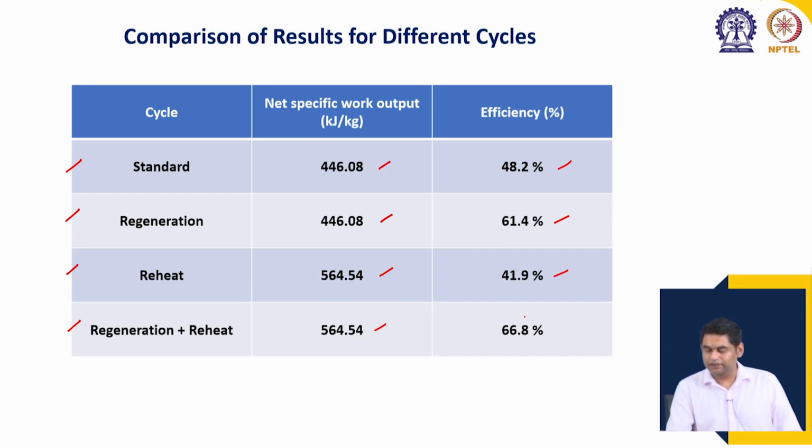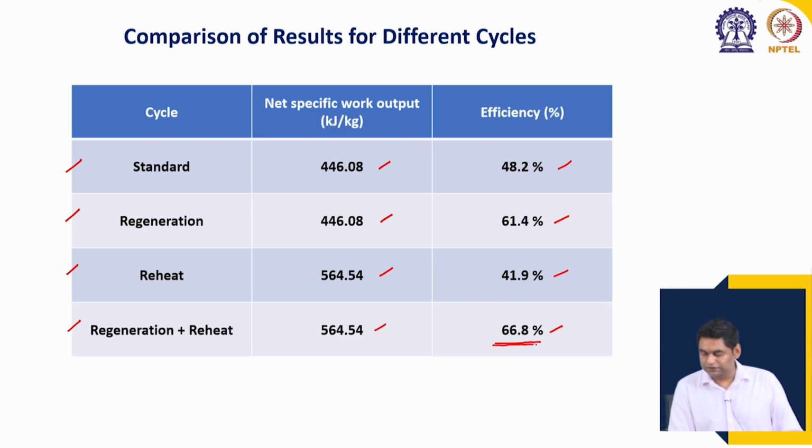So, in this case adding reheat to the regeneration cycle increases the efficiency and we reach a very high efficiency of 66.8% based on the realistic values that we have taken for our design calculations. Remember that these efficiencies are on the higher side because we are considering ideal cases. For actual cases with losses, the efficiencies will be significantly lower.